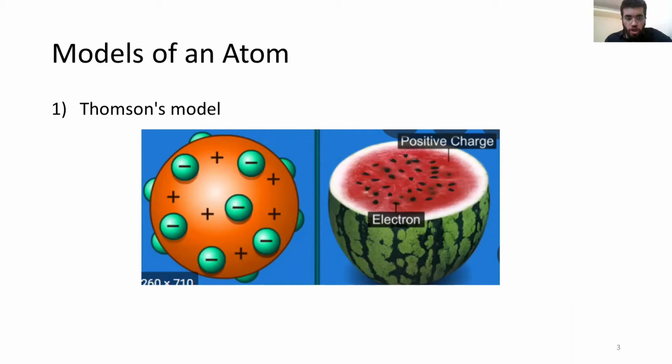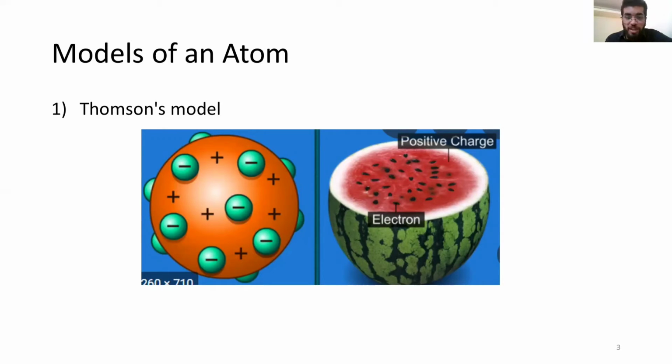So according to Thomson's model, an atom is a positively charged sphere where electrons are embedded in it. Both the positive and negative charges are equal in number, thus every atom is neutral. This can be easily depicted with the example of a watermelon.